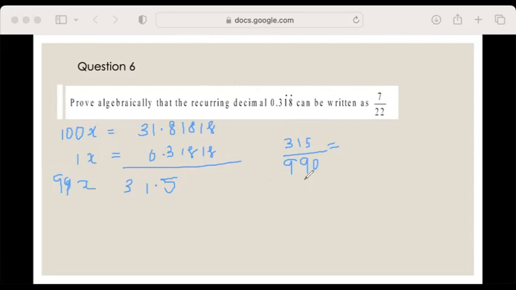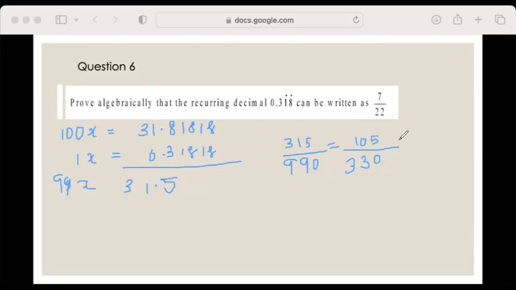Okay, when we divide 990, if we once again divide it by 10, it is going to be 3.15. So what we can do is divide by 3. So 990 will become 330. And when we divide 315 by 3, it will become 105.